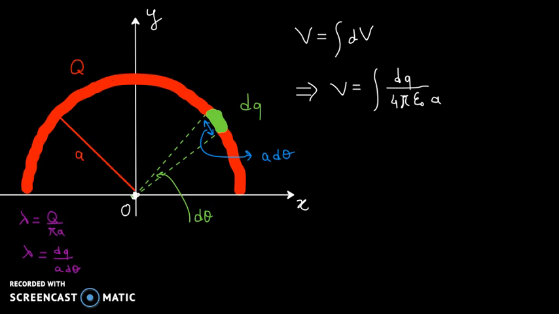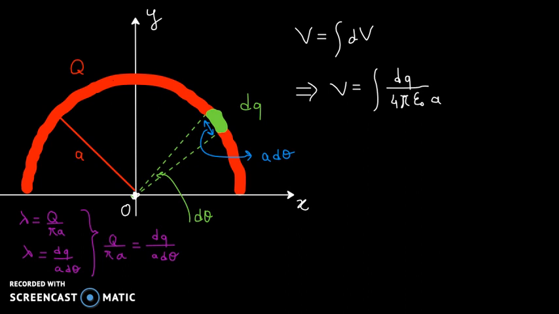So from the perspective of this unit element, the linear charge density lambda is also equal to dq divided by a times d theta. Let's combine the two and eliminate lambda. That's an intermediate variable that we introduced, so now we're going to get rid of it. We're going to combine these two equations and isolate dq.